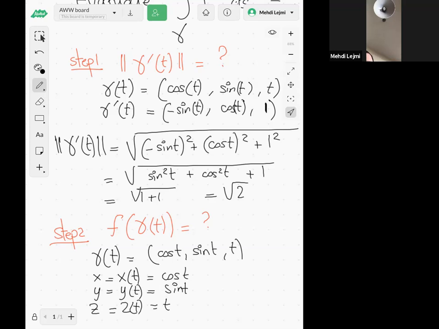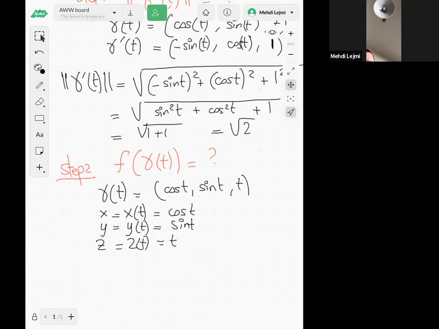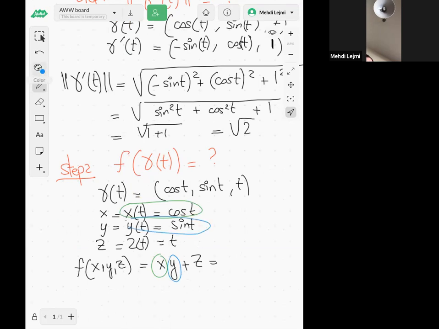Now, f of x, y, z, this is given in the problem, we said it's xy plus z, okay? So then that will be equal to, your x is cosine of t, your y is sine of t, and then plus z, your z is equal to t, right?